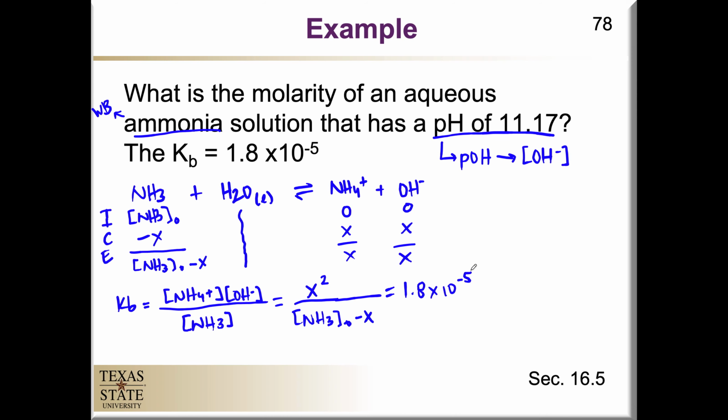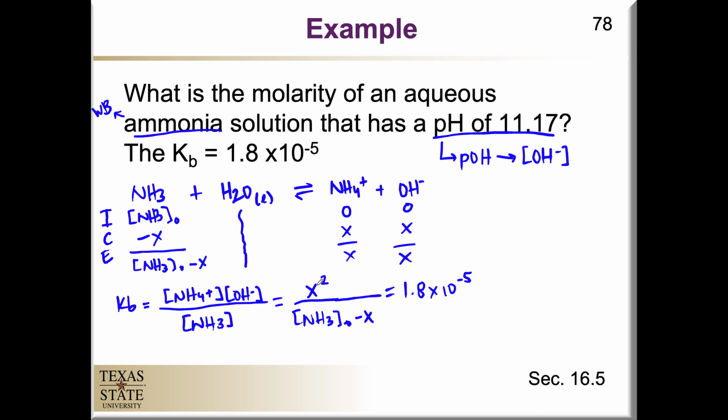All right, so we have one equation for which we have actually a set of two unknowns. We don't know X and we don't know the initial ammonia concentration. The initial ammonia concentration is actually what we are looking for, right? That's what the question is.